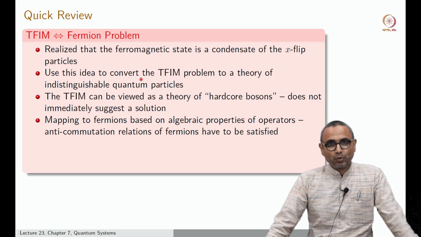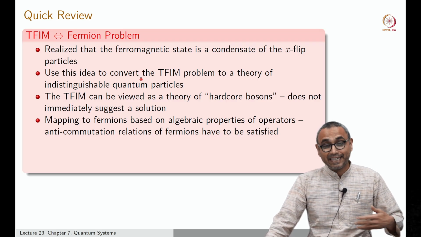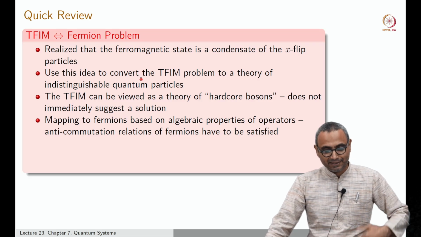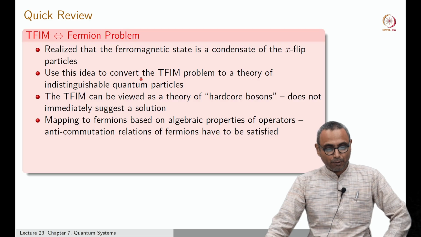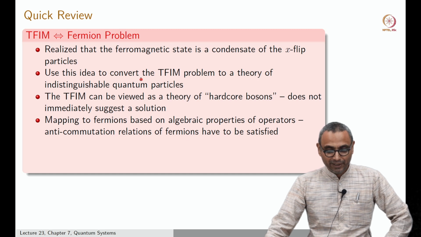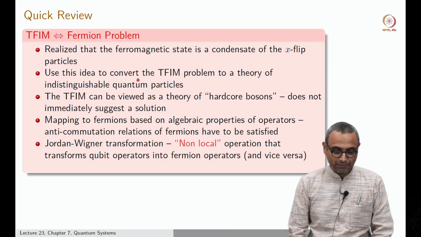So, to achieve this, using techniques of fermion problems to solve such ground state problems of many particles, we transform the problem to a fermionic description, and this is what we call the Jordan-Wigner transformation.